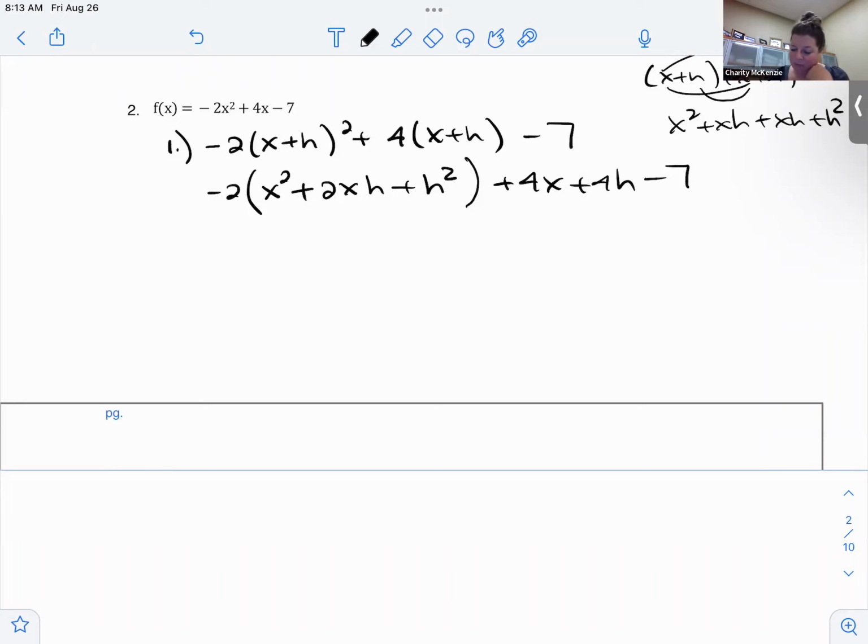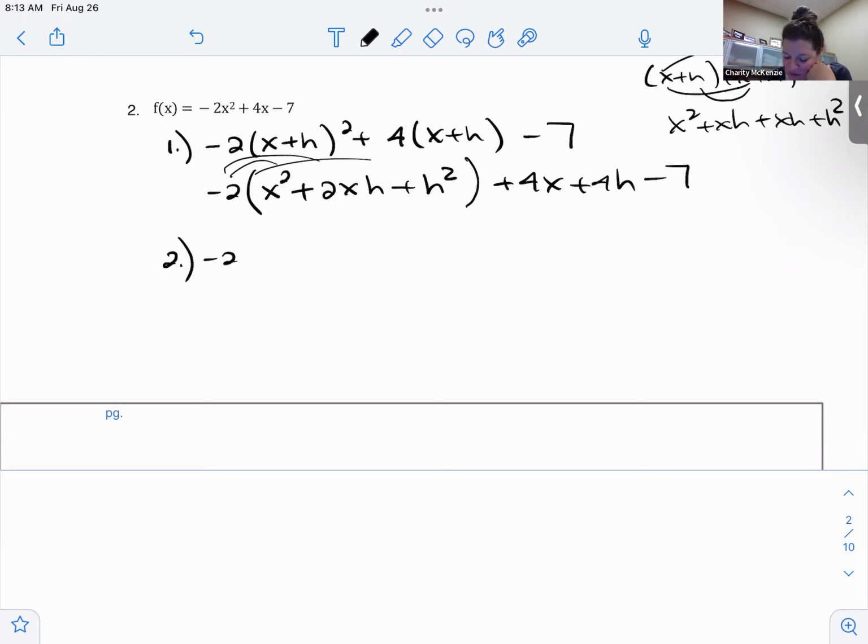Okay, whew. So I'm going to write down for step 2, we subtract the original. I'm going to write down the simplified version of timesing this -2 through as I start my step 2, because I don't want to write it down twice.